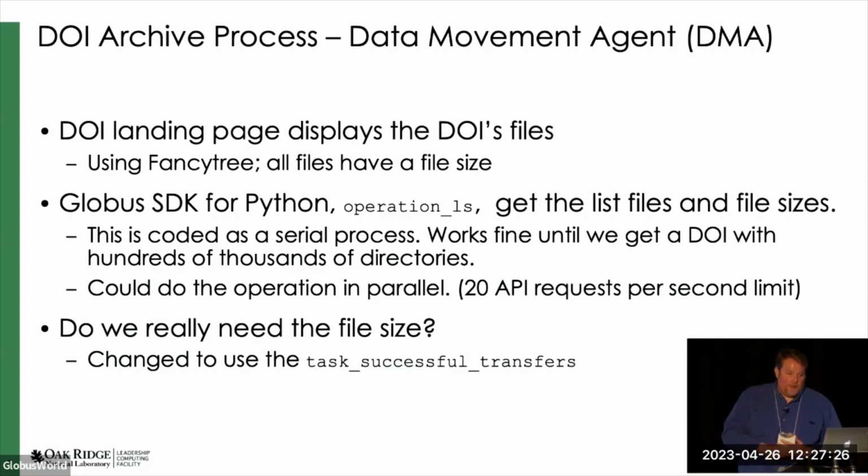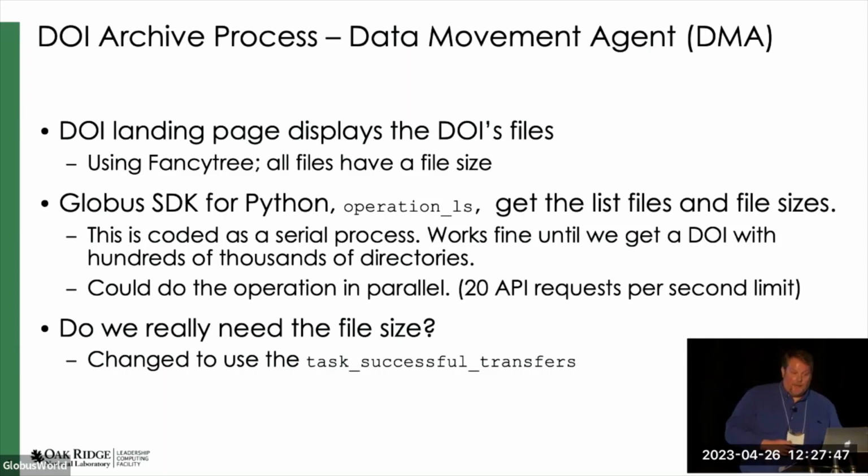The problem was that we had a couple of DOIs come in with several hundreds of thousands of directories, and trying to do that serially with each REST call was taking a long time. We were trying to think of what we could do. Can we change our requirements?